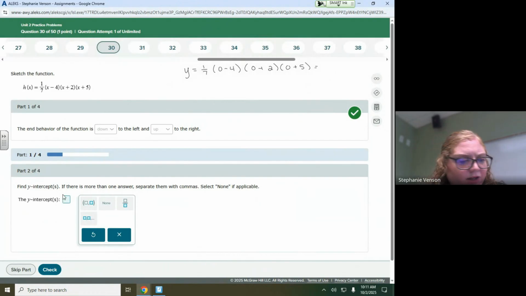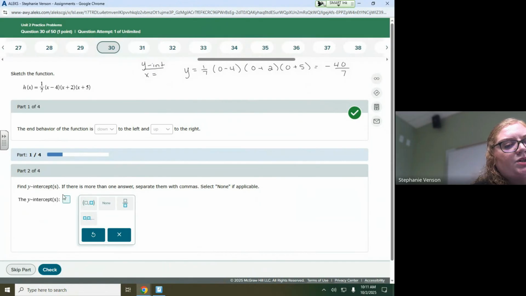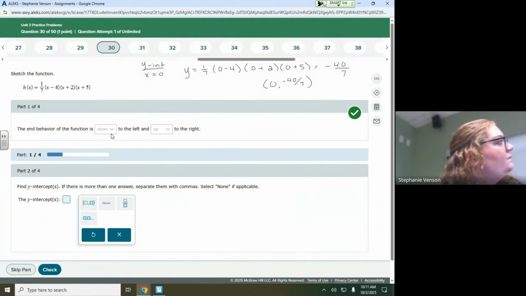And you change that back into a fraction, but you get -40/7, or at least I did. Somebody check me on that. Yeah, okay, but this is our y-intercept where x = 0. So our coordinate point would be 0, -40/7.